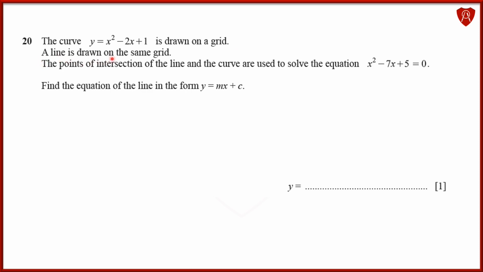A line is drawn on the same grid. The points of intersection of the line and the curve are used to solve the equation x squared minus 7x plus 5 equals 0. Find the equation of the line in the form y equals mx plus c.